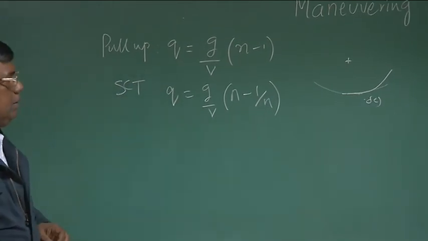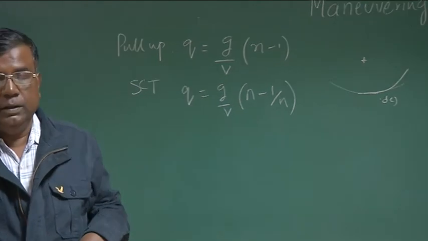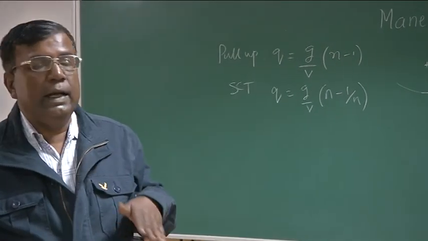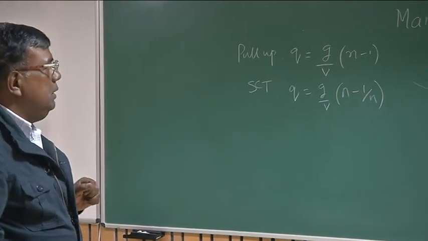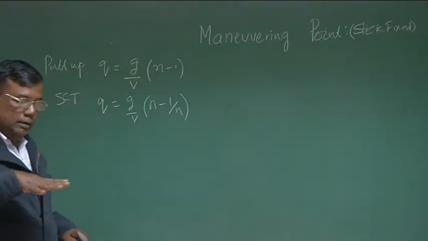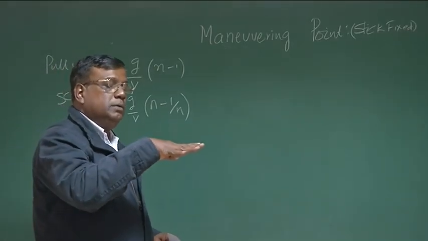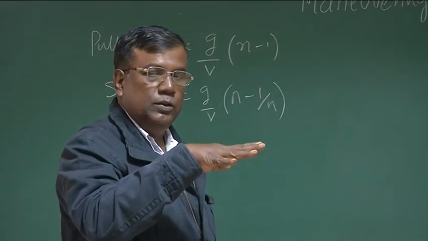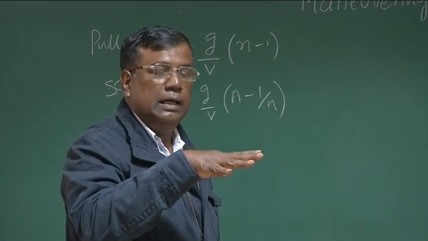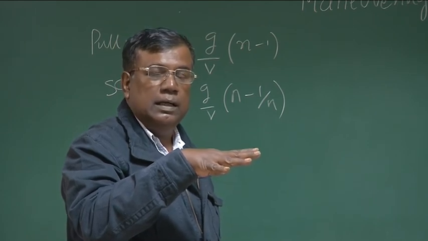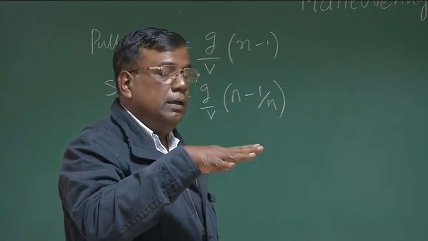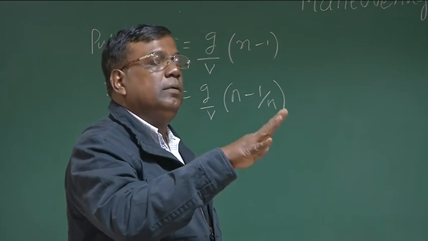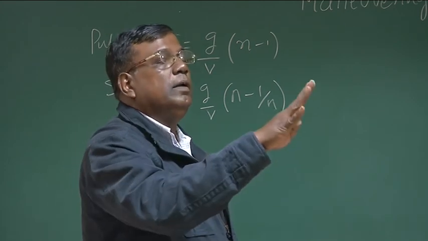The question was how much elevator I should put in addition to get these maneuvers. And what we realized was, suppose the airplane is going in a cruise, so for that there is some delta E required for trim, which I know how to find out through delta E equal to delta E naught plus d delta E by dCl into Cl. Now he has to give an additional elevator input to go for a pull-up.